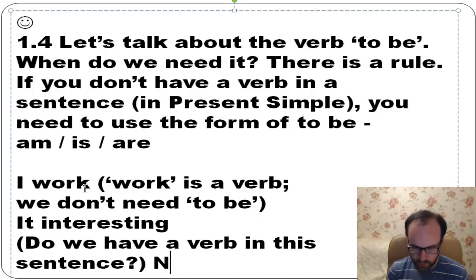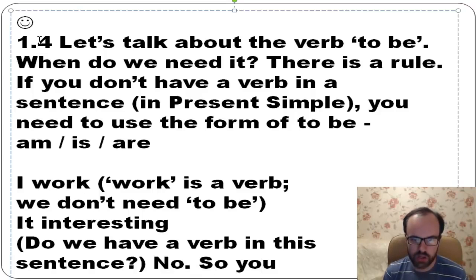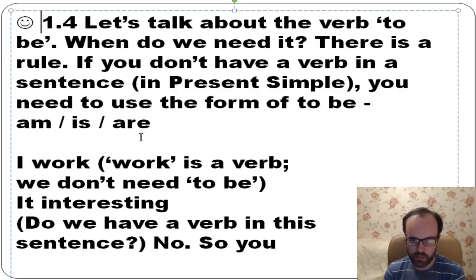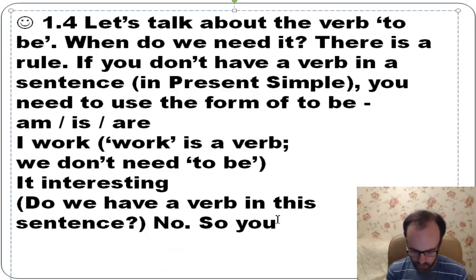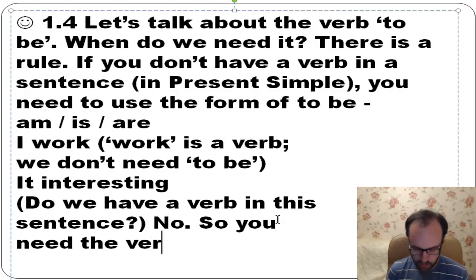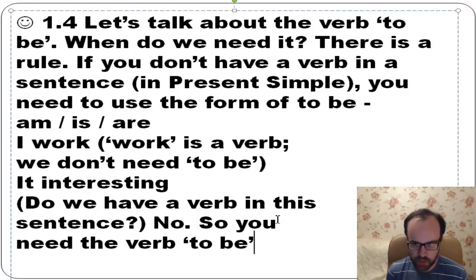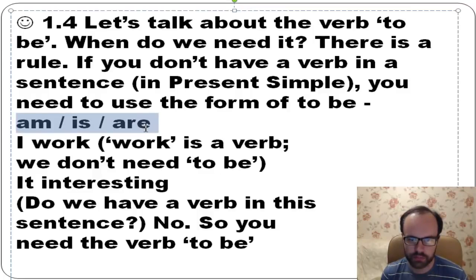No. So you need the verb to be. So am, is, or are. Okay?